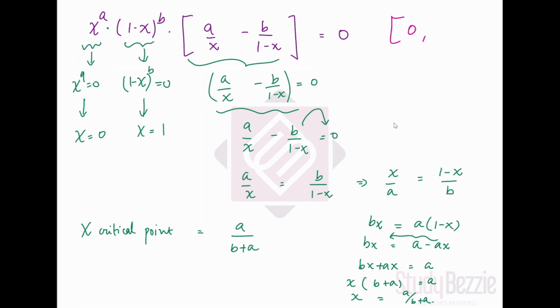The domain given was 0 to 1. Any guesses on this? And any guesses how you would prove it? Yeah, a and b are positive? Yeah, so that's good. Then what does that conclude?